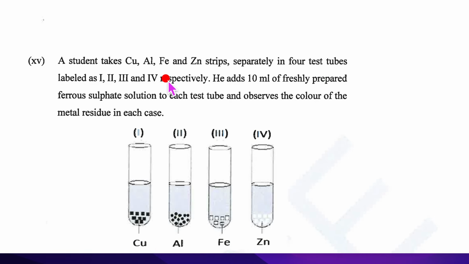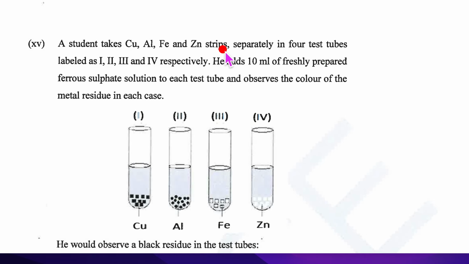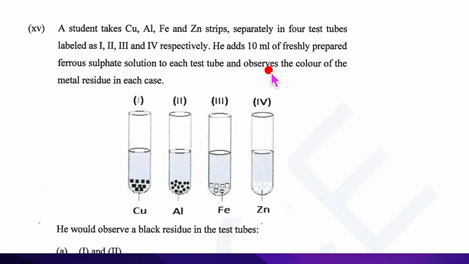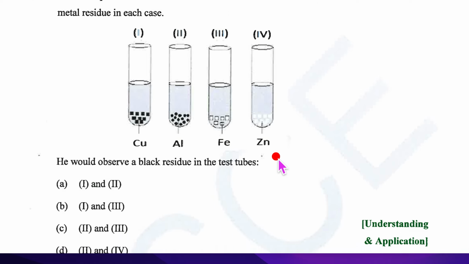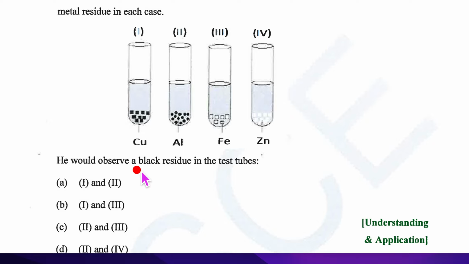Now look at your 15th one. We have these many different strips. They are in 4 different test tubes and he adds 10 ml of freshly prepared ferrous sulfate solution in each of these. And they are asking which test tube numbers will have black residue.